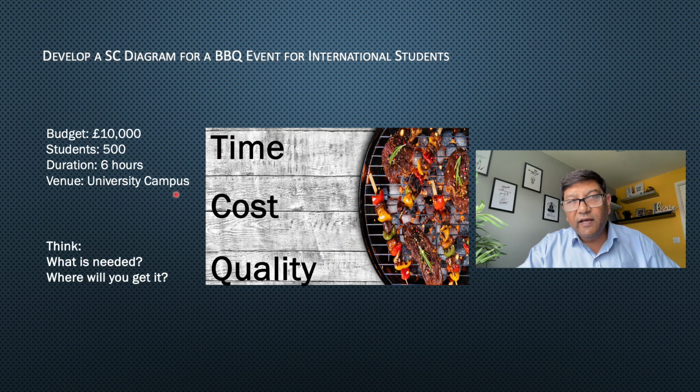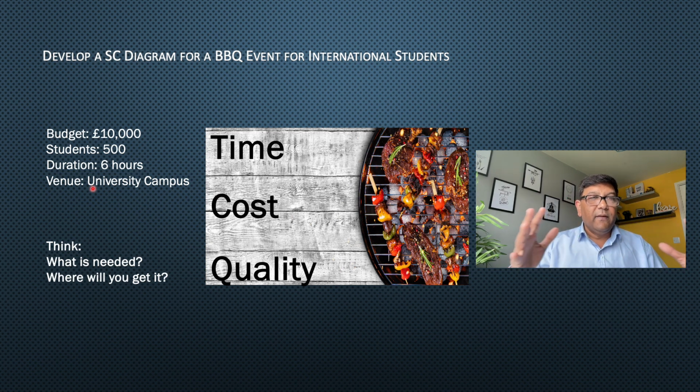Now you need to think about what is needed and where you will get it, based on the budget, the number of people, the time scale and the venue. If you work on that exercise, I believe you will really enjoy it. Come up with a plan for a barbecue event for international students.